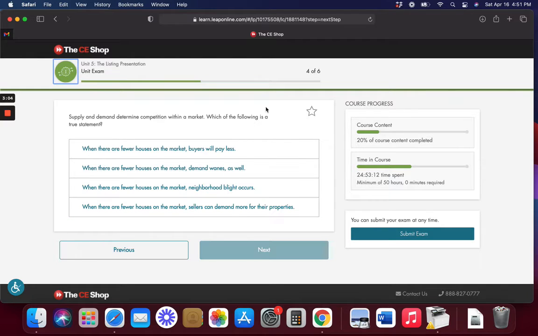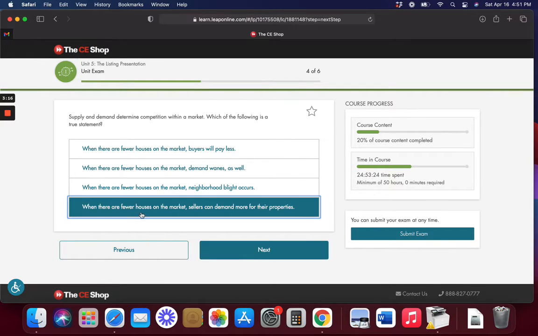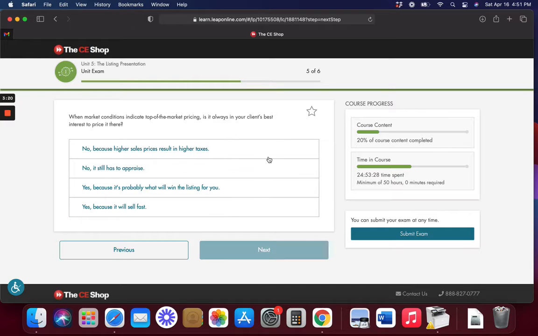Let's see. Supply and demand determine competition within a market. Which of the following is true? When there are fewer homes, sellers can demand. Okay. When market conditions indicate top of the market pricing, it is always in your client's best interest to price it in there.